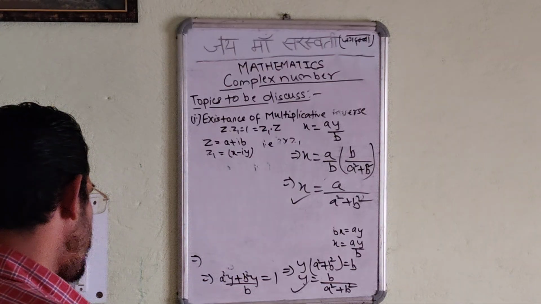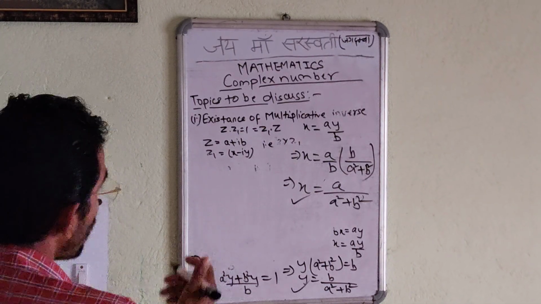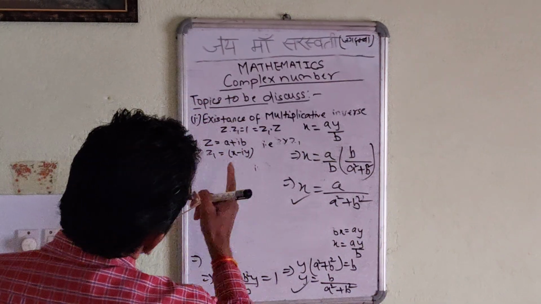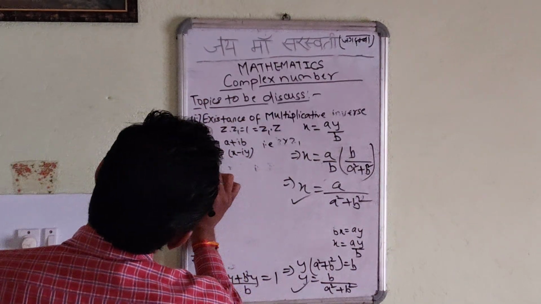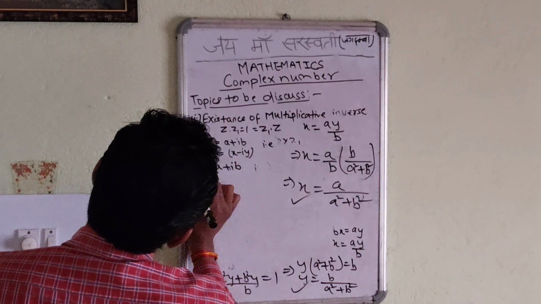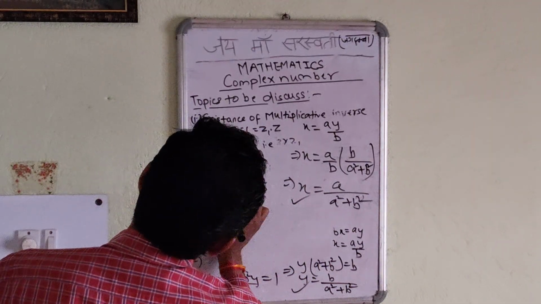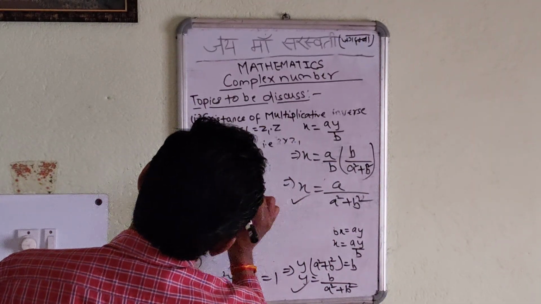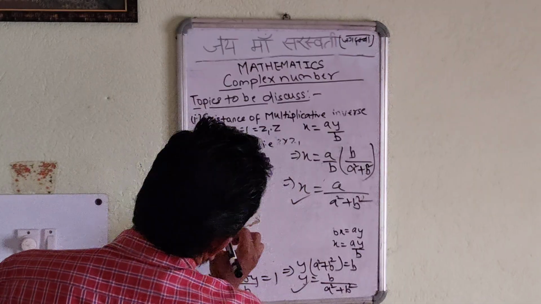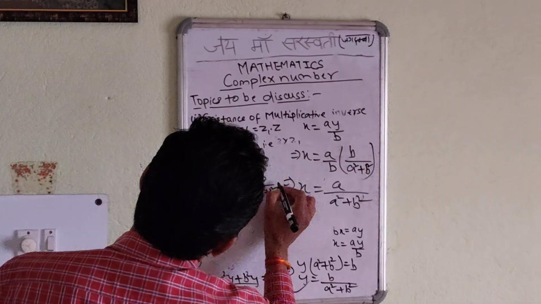Suppose in the case of complex numbers, we had seen that one complex number is z is equal to a plus ib, and the second complex number z1 is equal to, in terms of x, a by a square plus b square minus i into y, where y is b by a square plus b square.